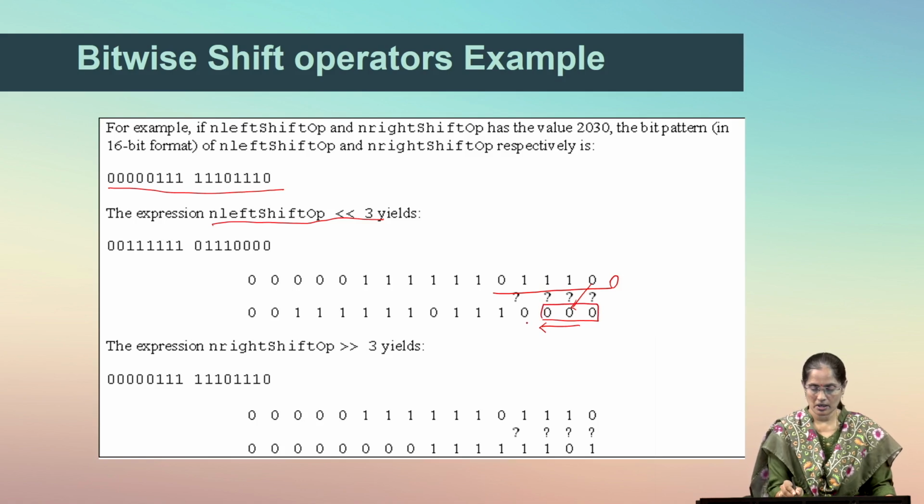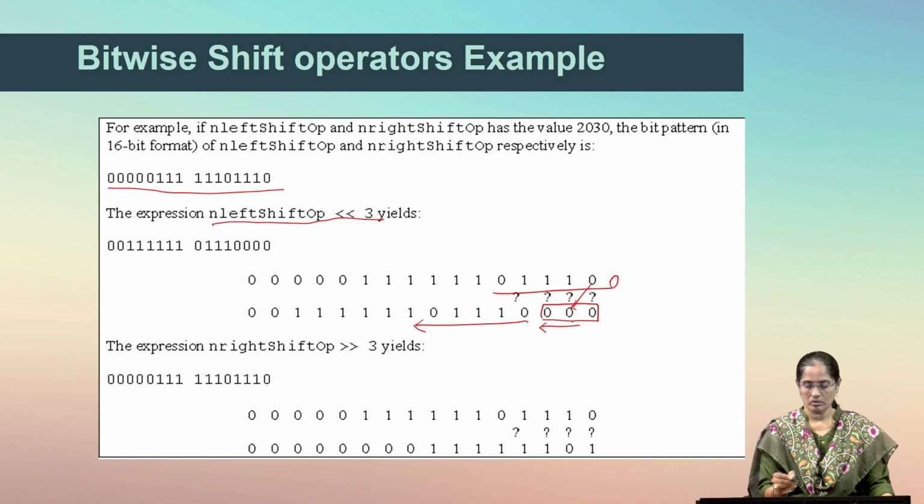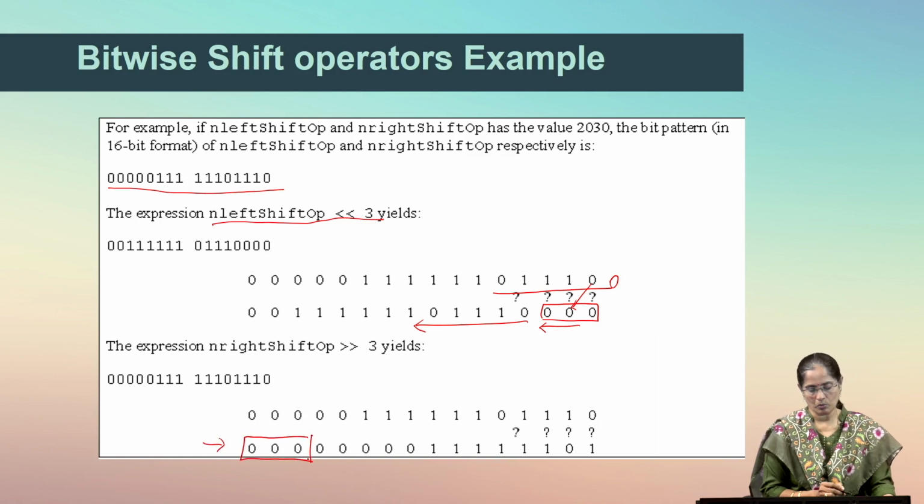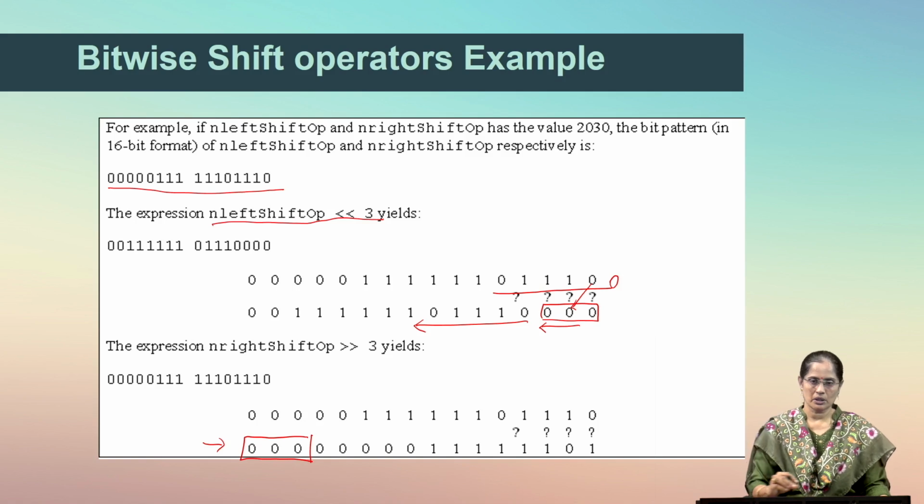The actual data starts from this point and 3 new zeros are added because we are shifting it towards left. Similarly, when we shift it towards right, the data will be pushed to the right side and the zeros will be added towards the left. This is where the data stream starts, and these 3 zeros are added towards the left. The actual data will be shifted towards the right.